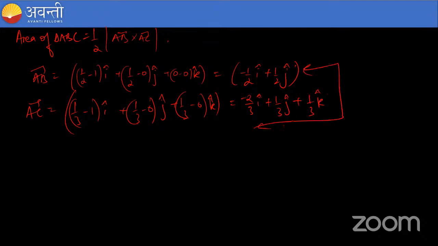So we have found these two vectors. Now, to find AB bar cross AC bar, I'll find the determinant of i cap, j cap, k cap; −1/2, 1/2, 0; −2/3, 1/3, 1/3.